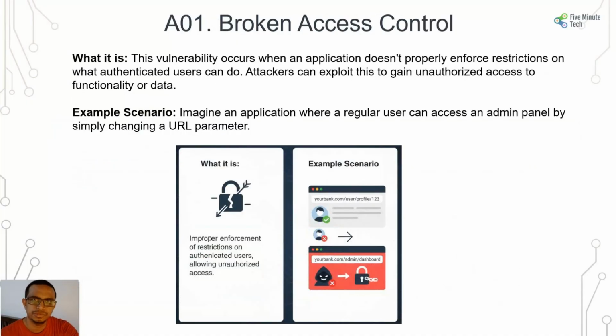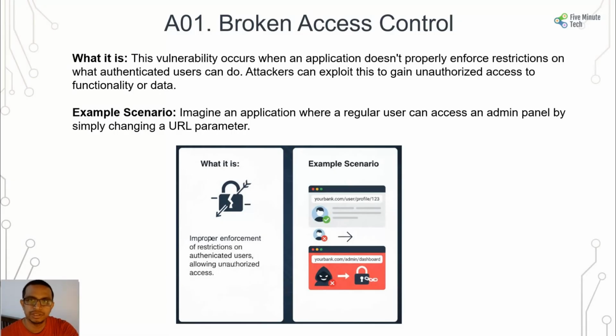The first issue, which is very important for a developer to be aware of, is broken access control. This vulnerability occurs when an application doesn't properly enforce restrictions on what authenticated users can do, which areas they can go to and perform actions on.